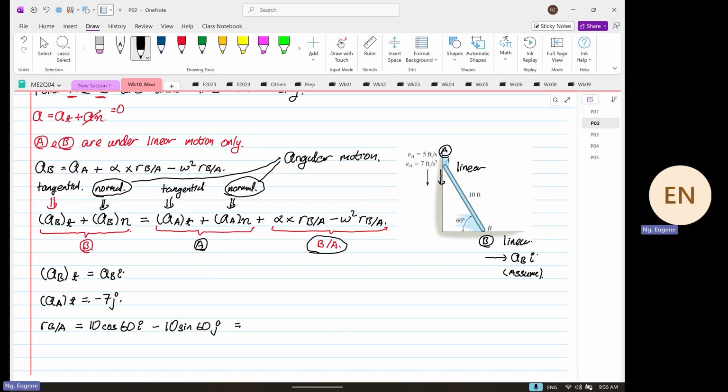So this will be equal to R_BA = 5i minus 8.66j.